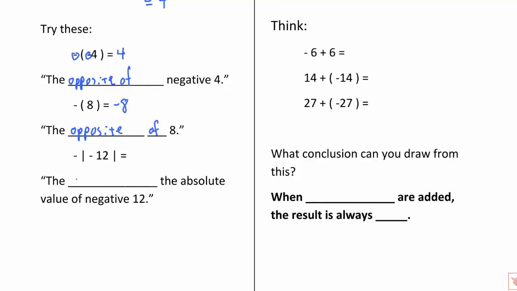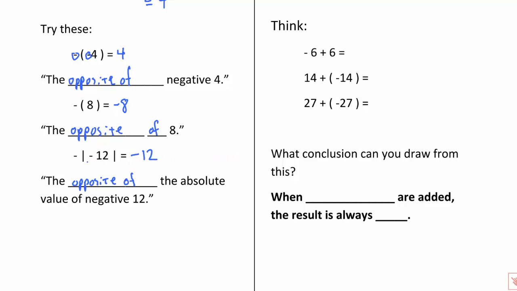Now down here, this means the opposite of the absolute value of -12. But the absolute value of -12 has to be evaluated first, because that's effectively a parentheses. So this means the opposite of whatever the absolute value of -12 is, which is 12.